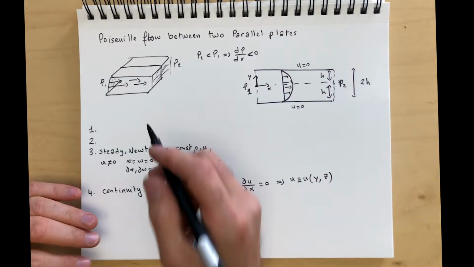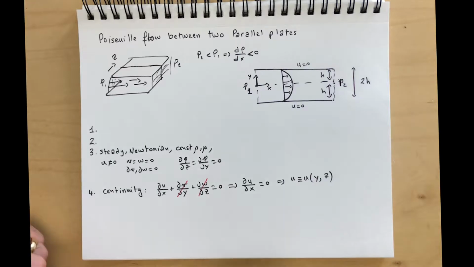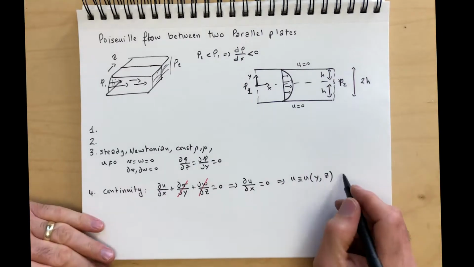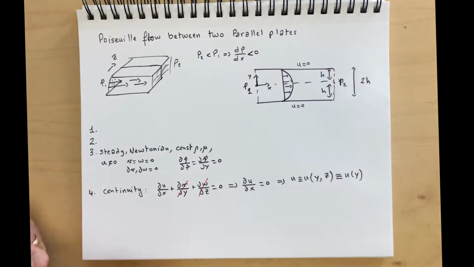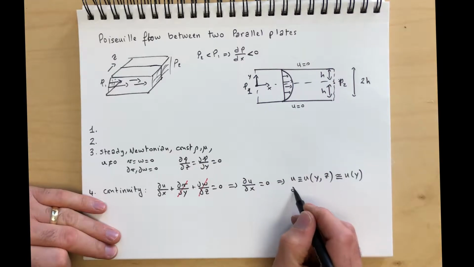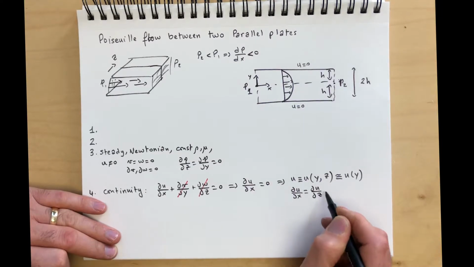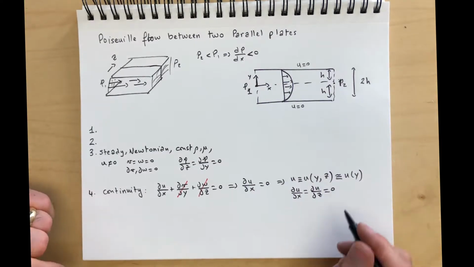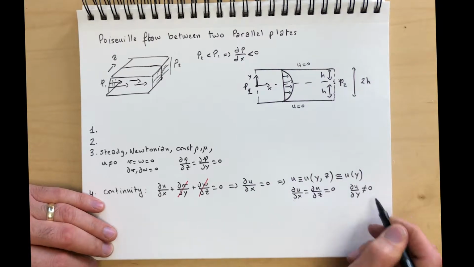However, since we are neglecting all effects in the z direction, it's very, very deep, then we can safely assume that this is just equal to u of y. So du by dx equals du by dz equals 0. The only non-zero velocity gradient is du by dy.